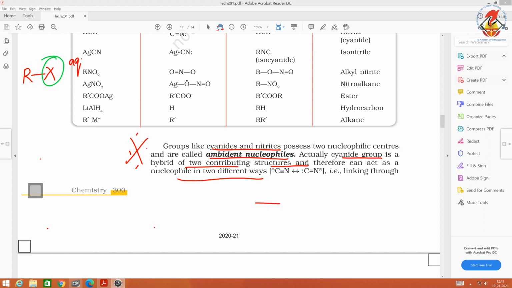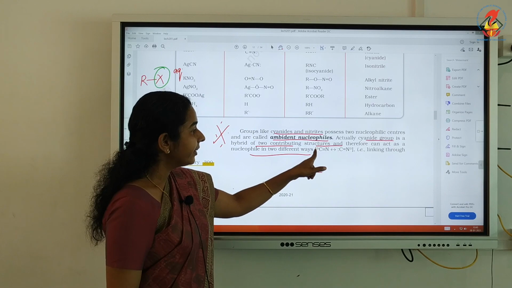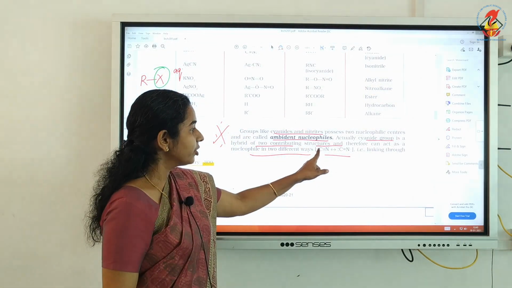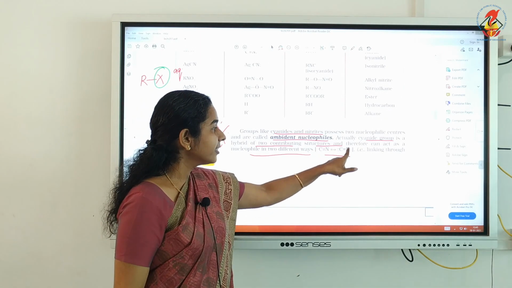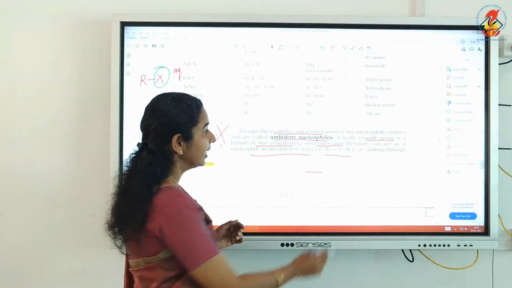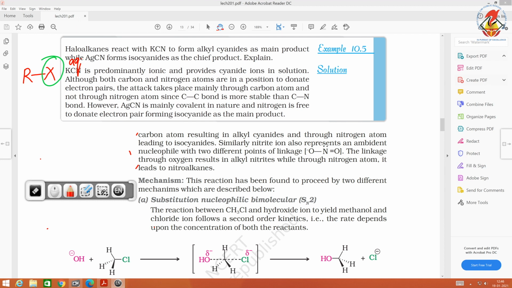This is the resonance hybrid showing. In the first structure, the negative charge is on carbon, and in the next resonating structure, the negative charge is on nitrogen. That means linking through carbon results in alkyl cyanides, and linking through nitrogen leads to isocyanides.